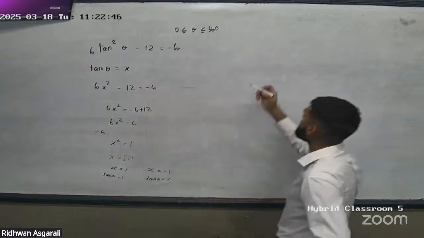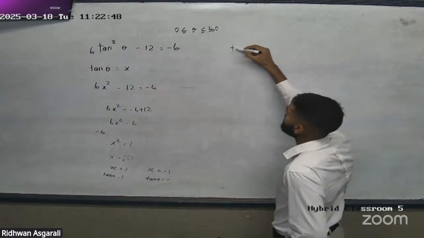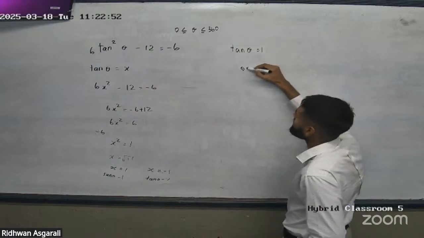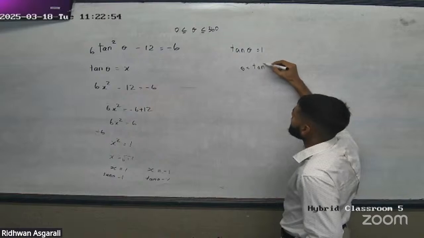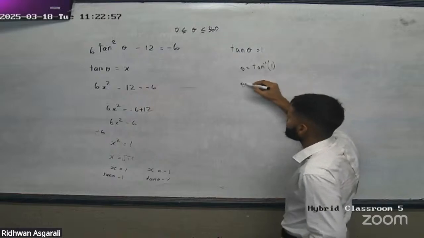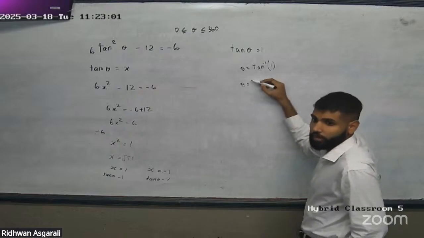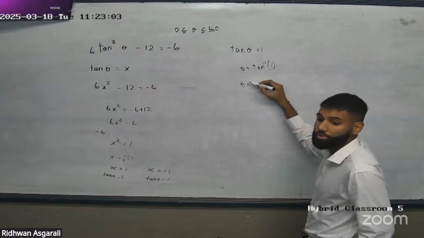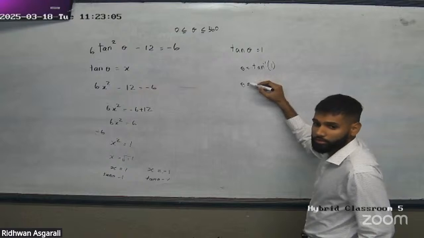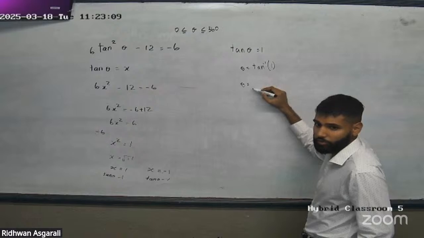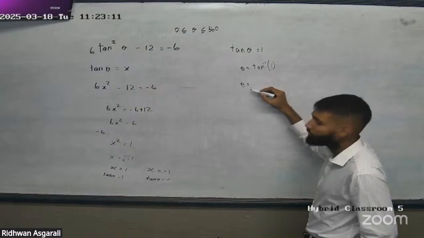Right, so we have tan theta is equal to 1, so theta is tan inverse of 1. How much is this? Tan inverse of 1, 45.